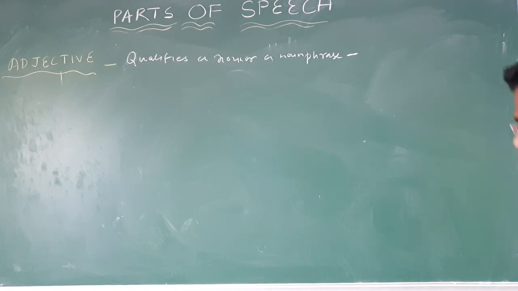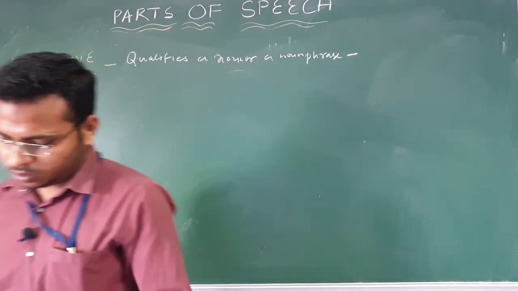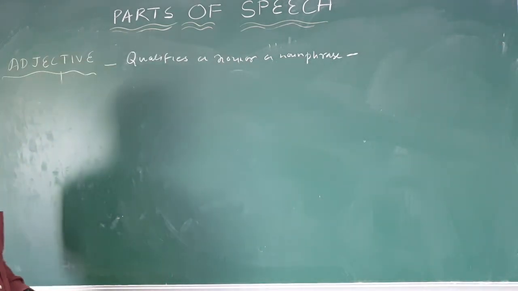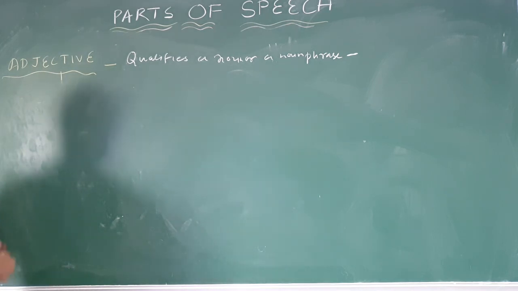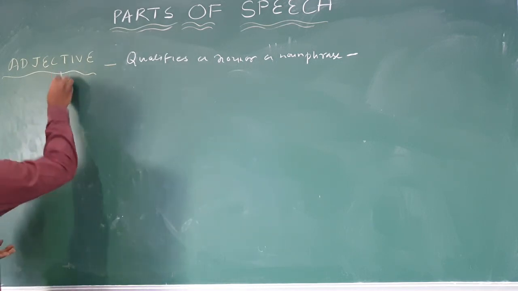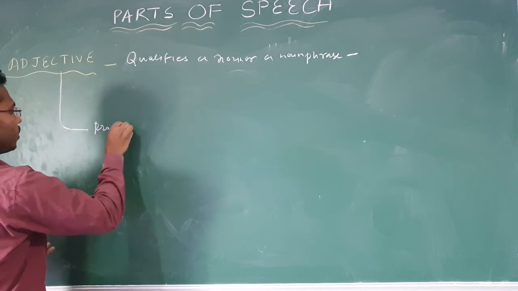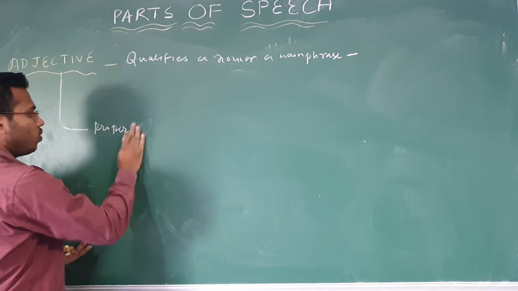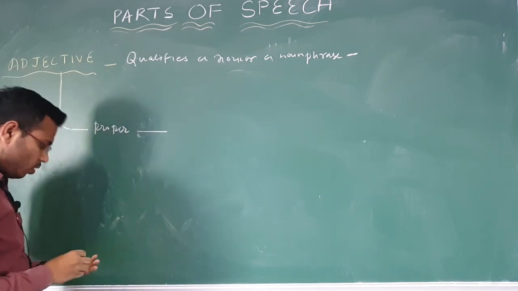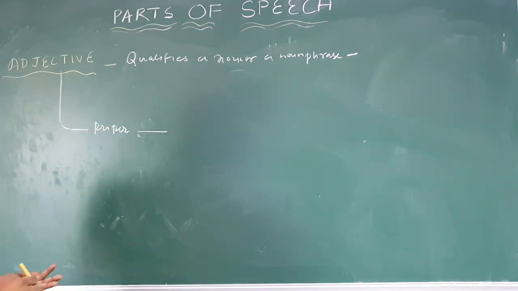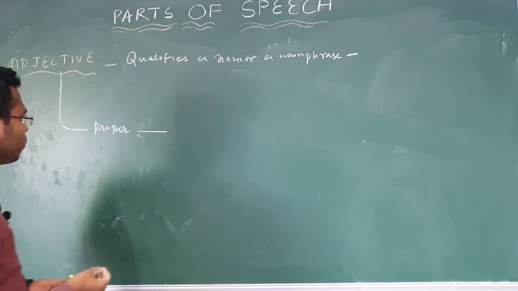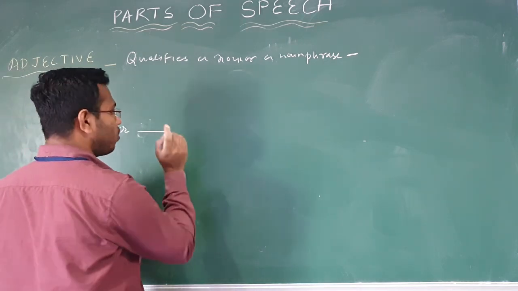So after discussing the predicative and attributive cases, we will see some types of adjectives. First of all, we have the proper adjective. A proper adjective comes from a proper noun.